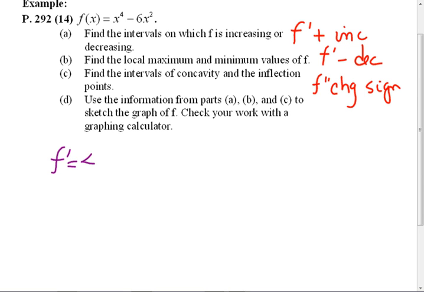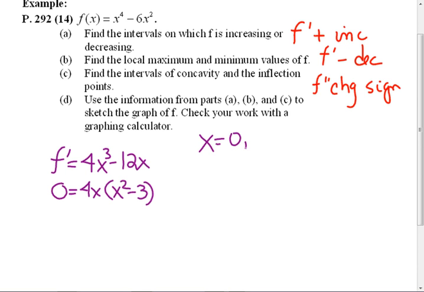This is an easy one, right? 4x cubed minus 12x squared. It's hard to find good functions where the second derivative will be nice. Oh, right, it's 12x. Now, how do I find where it's increasing? I look for where it's 0 or undefined. So I will factor out a 4x, and I'm left with x squared minus 3. So I've got zeros at x equals 0, positive square root of 3, negative square root of 3.